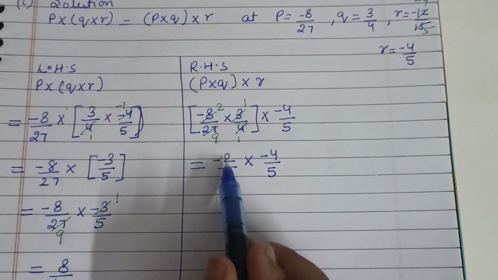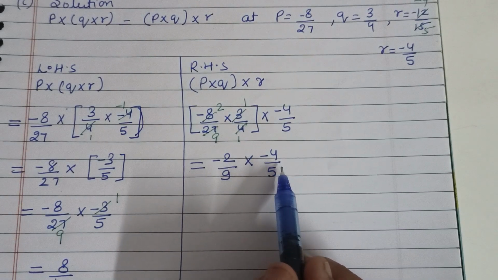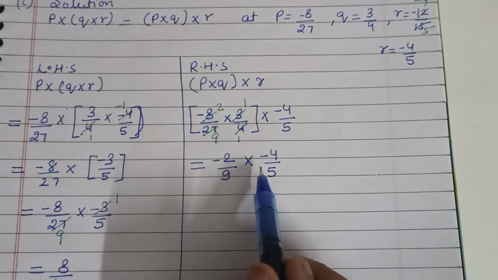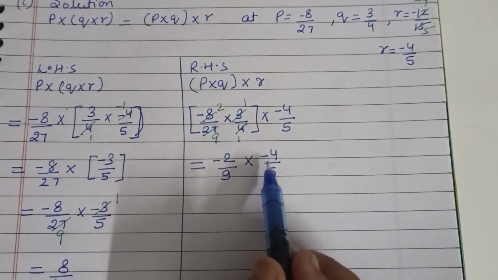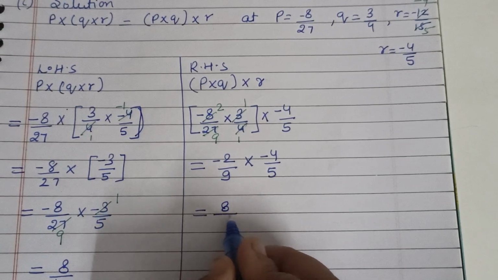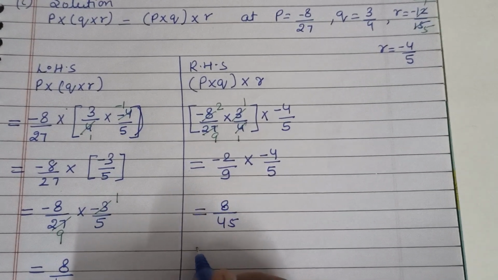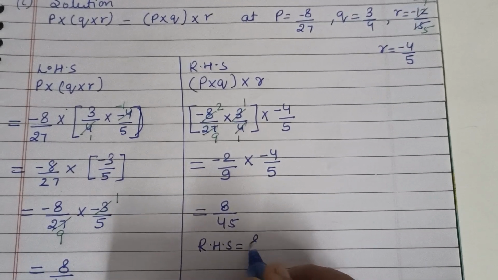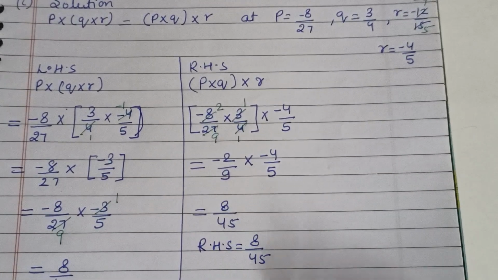Again we can see both are negative rational numbers, so they are going to become positive. Multiply the numerator, multiply the denominator. It will come 8 upon 45. So the right hand side equals 8 upon 45.